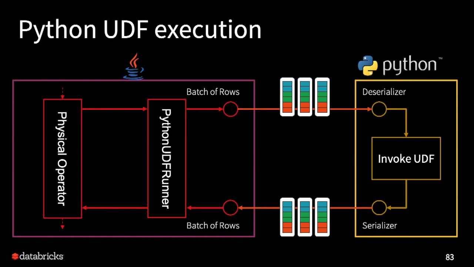Once the data arrives on the Python worker side, Python unpickles the data, and then runs a Python loop to invoke the Python UDF row by row. And so it's slow in the sense that you're collecting data in the pickle format, and then you're also running a Python loop to invoke the UDF.